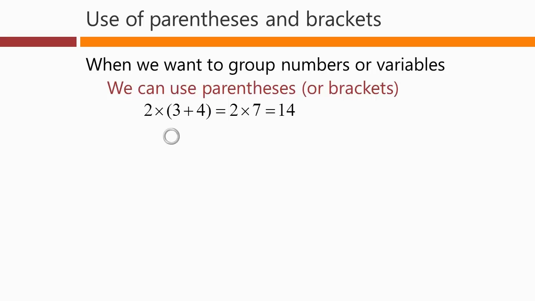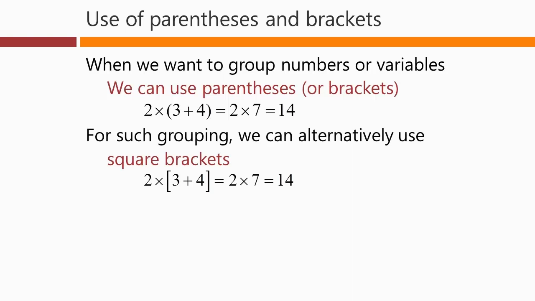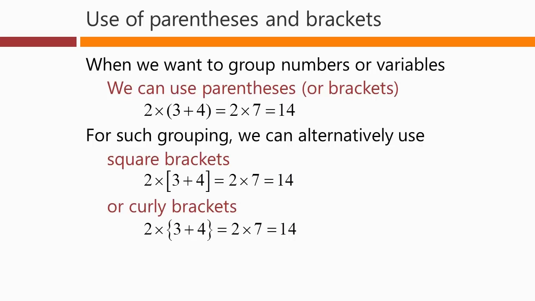The parentheses have grouped these two for us, so we do that operation first, 3 plus 4. We can also use square brackets. That will group the 3 plus 4, so we add them first to get the 7. Or we can use curly brackets. 3 plus 4 grouped to get the 7.